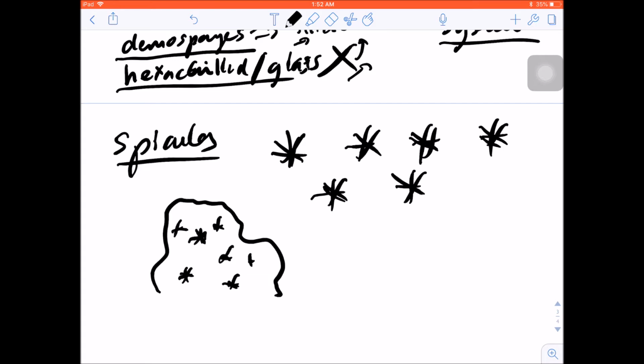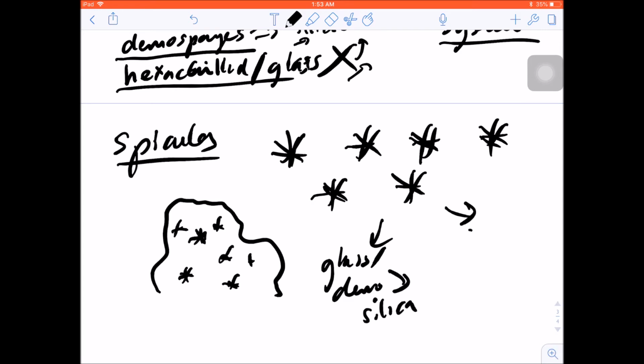And again, spicule chemistry is important for delineating these sponges because it's hard to tell sponges apart from their appearance if you're not an expert. And that's really the way that we did it in lab anyways. So remember, glass sponges and demosponges are silica, and calcareous sponges are calcium carbonate. Cool.